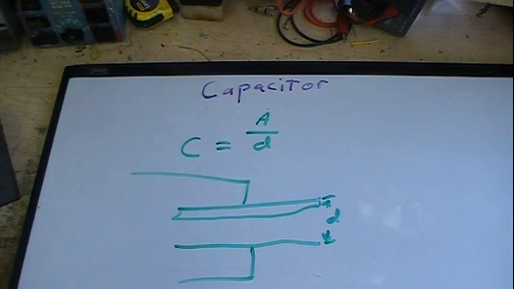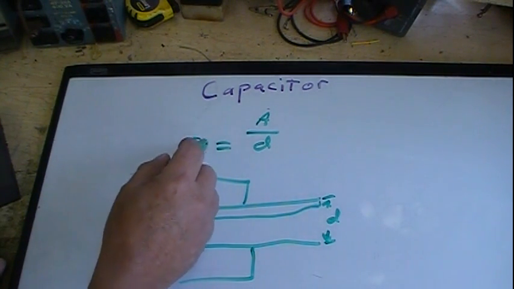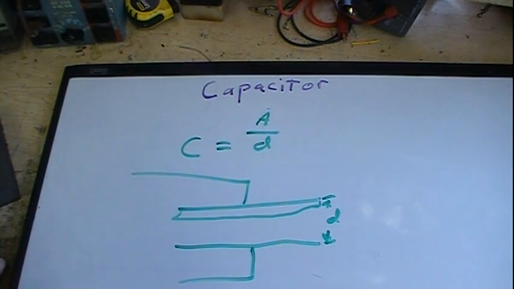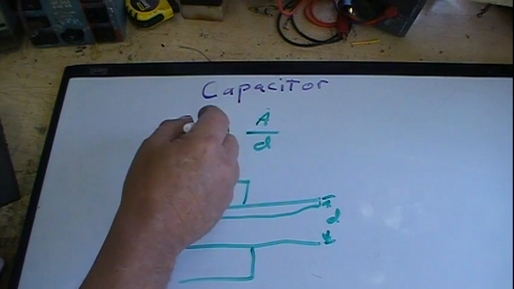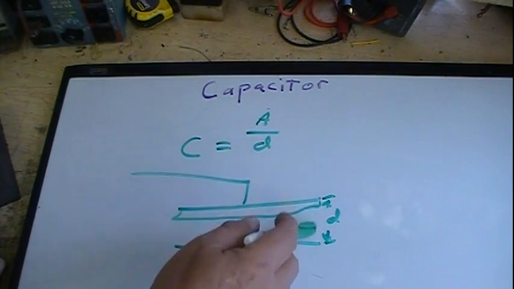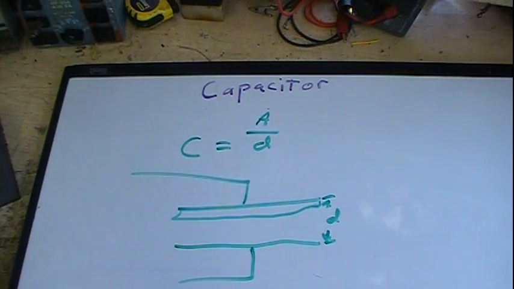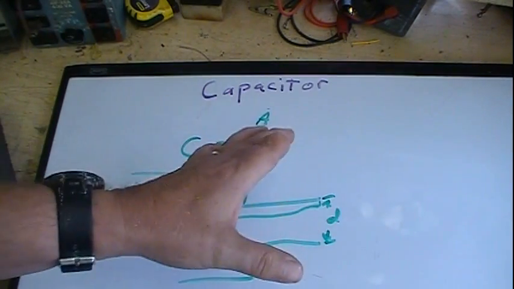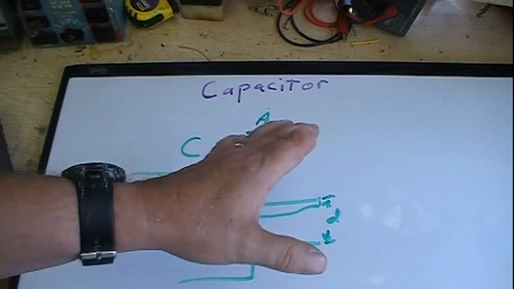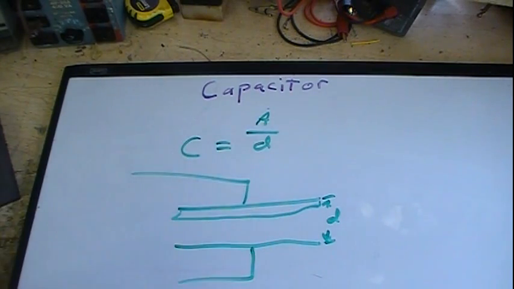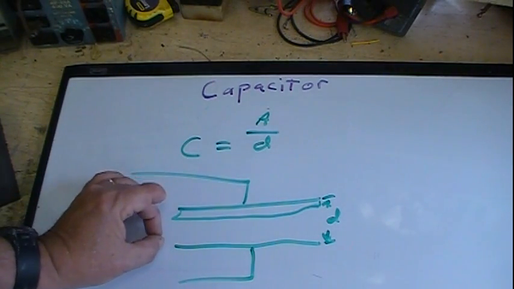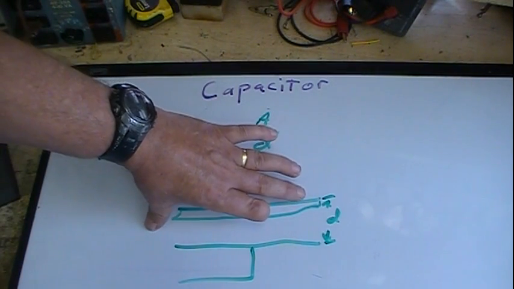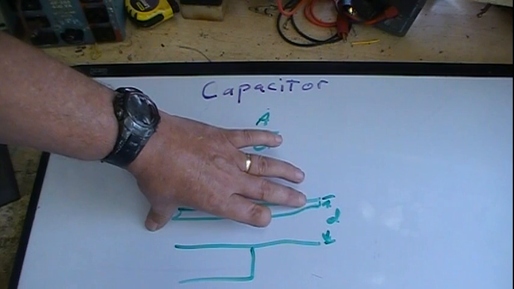So that's all this formula is saying: the area, the size of the plates, divided by the distance, how far apart they are. The further apart you spread the plates, the less charge, so the less capacitance the capacitor has. The closer they are together, the more. The larger the plate, the more charge you can fit in.